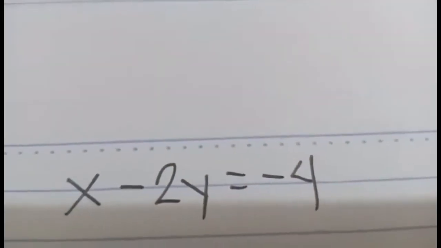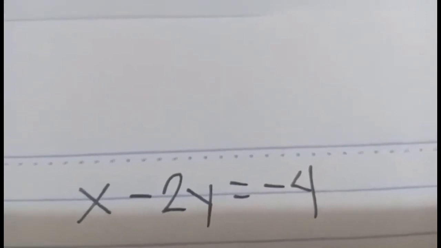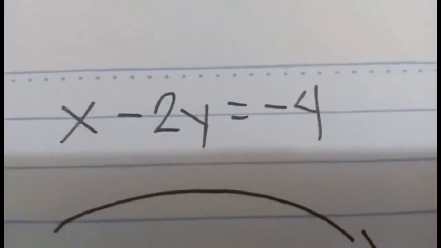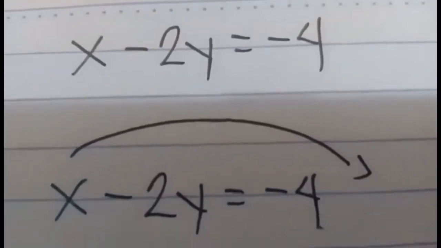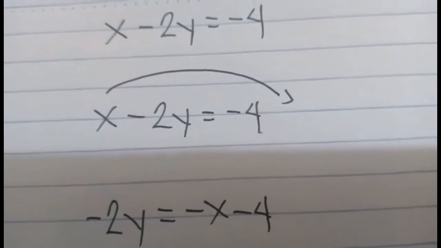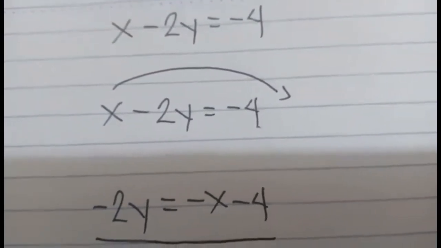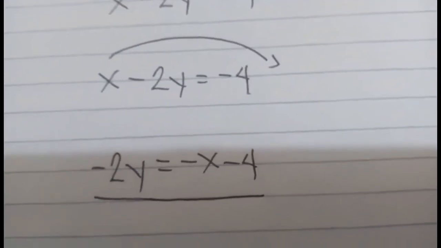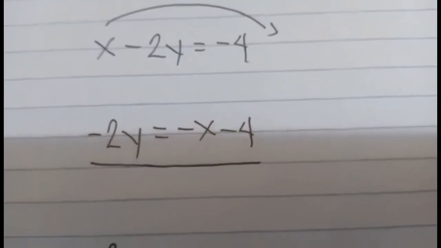Next is x minus 2y is equal to negative 4. So first thing we're going to do is transpose x. So it's going to be negative 2y is equal to negative x minus 4. Now what's beside y?